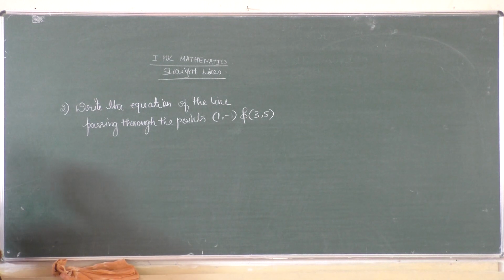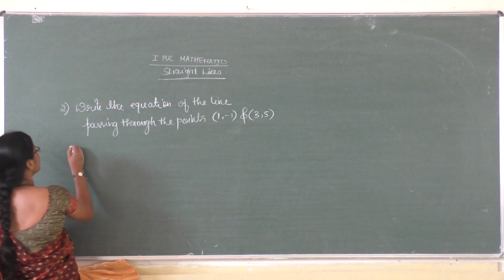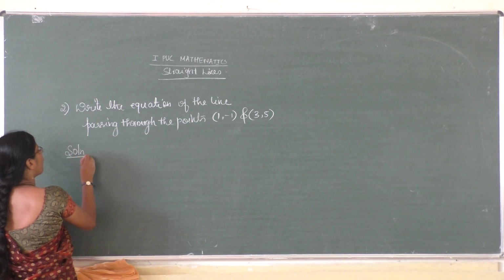Okay, so what is given? The line passes through the 2 points 1, minus 1 and 3, 5. So you have to use the 2-point form.